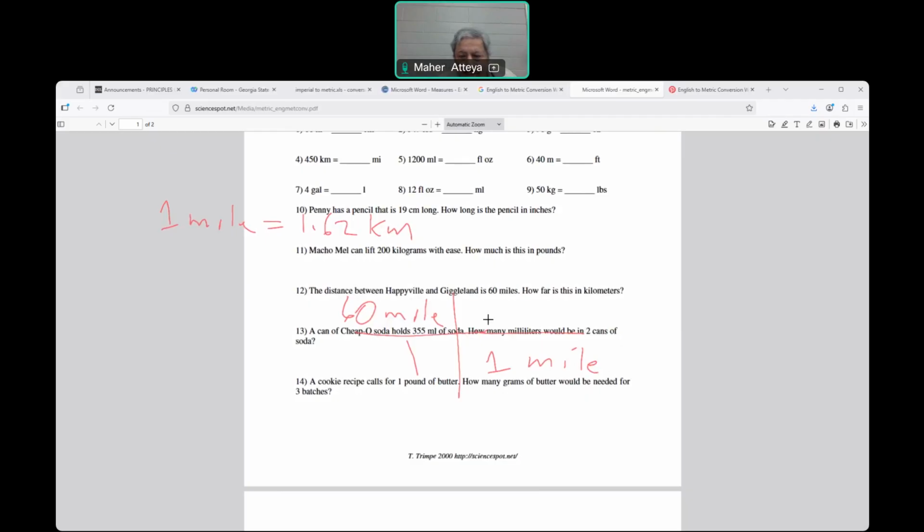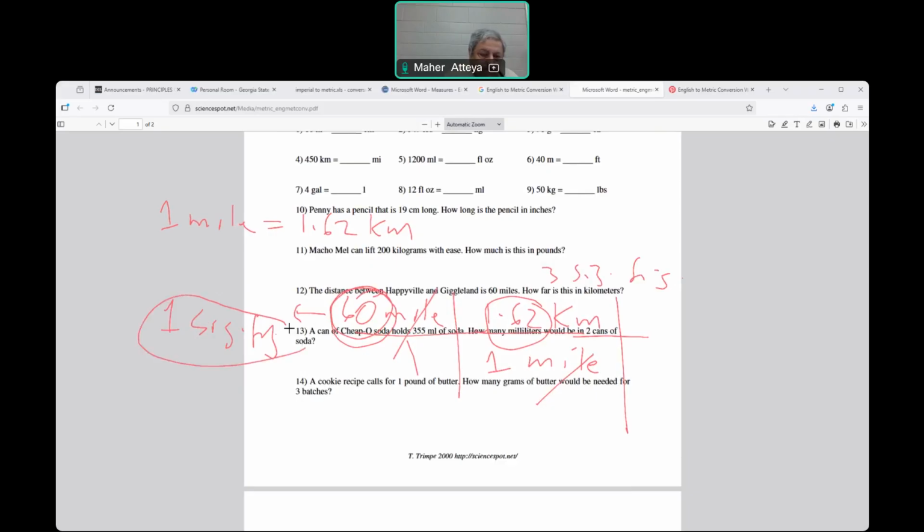The mile cancels out. The 60 without a decimal is 1 sig fig and 1.62 is 3 sig figs. The winner is the least sig figs, which is 1, so your answer has to be rounded to 1 sig fig.